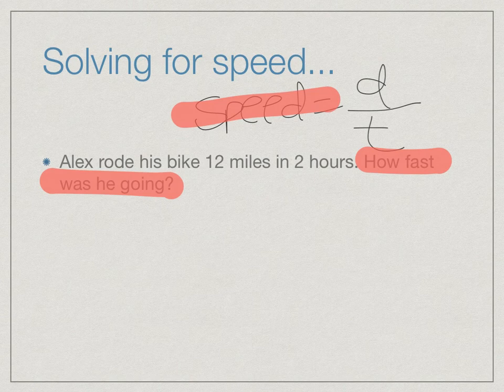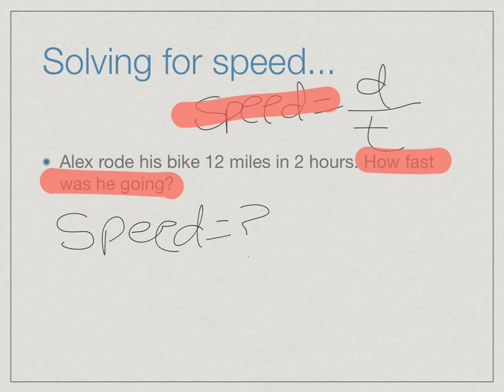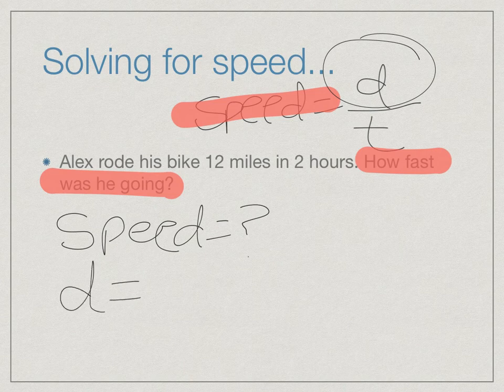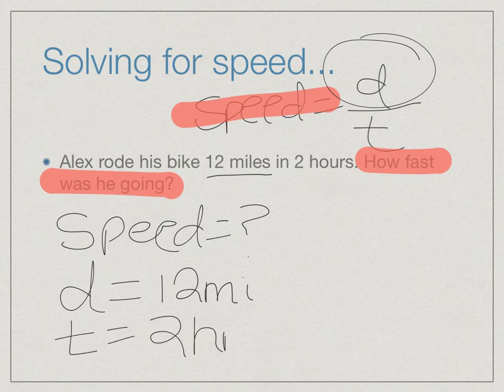So we are solving for the speed Alex was traveling. We know that the speed is unknown. We don't know that. Our distance, we need to know the distance in order to solve this problem. Our distance, he rode his bike for 12 miles. So 12 miles is his distance. His time that he traveled was 2 hours.